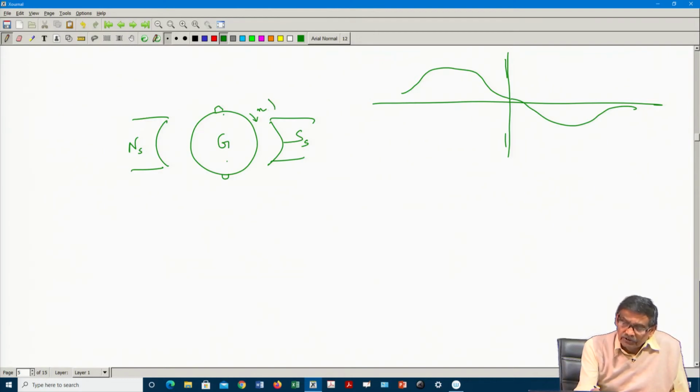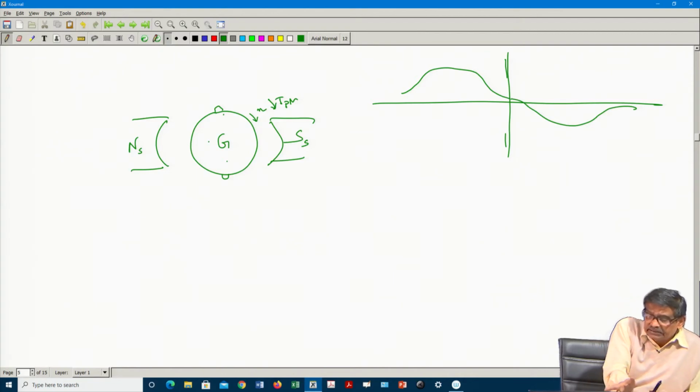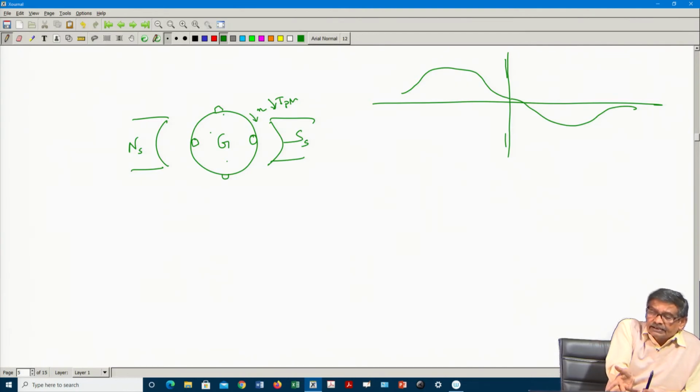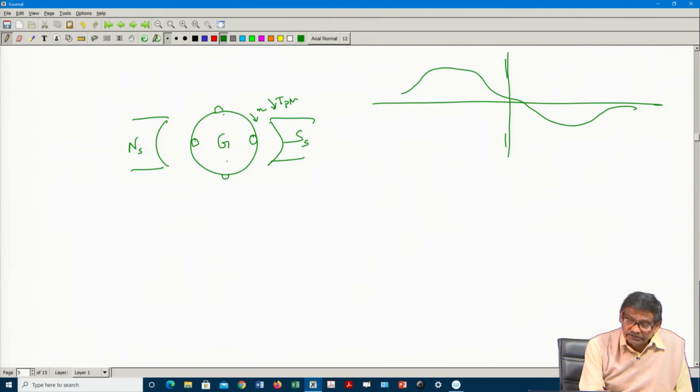Since prime mover torque is in this direction, I can find out by the right hand rule the direction of the current. Okay, let me do that, that is much easier to follow. So, what will be the direction of the current? This will be cross and this will be dot.